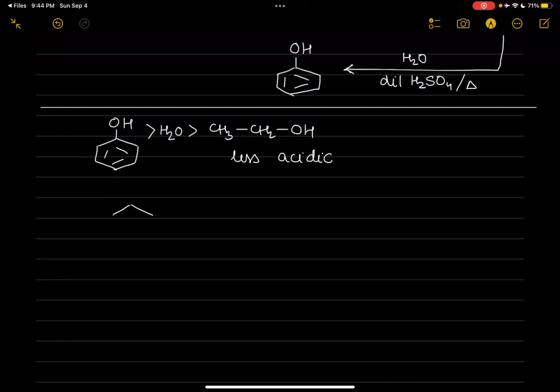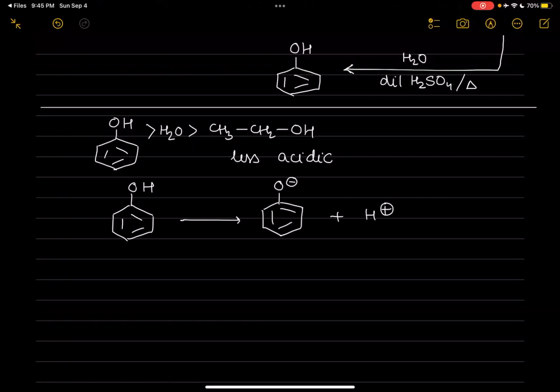Suppose you take the H plus out of the phenol. I will write it like this. If you ionize the phenol, you get H plus, and this is the conjugate base of the phenol, which is known as the phenoxide ion.